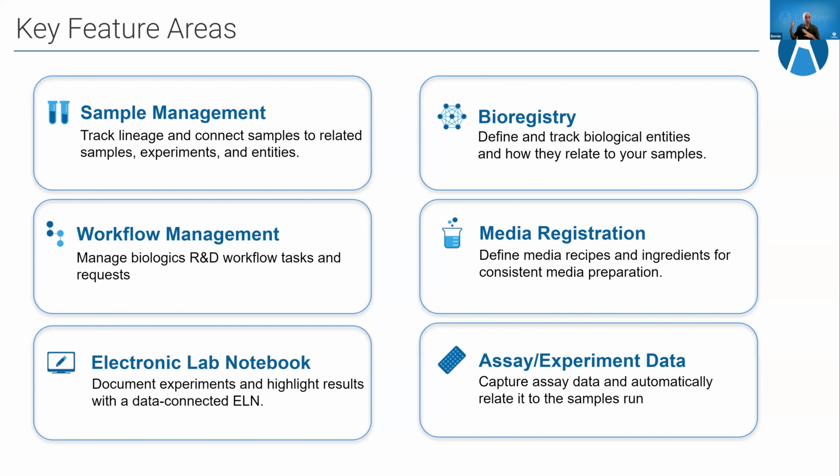Many of those come pre-built in the system, which we allow you to make some modifications to. But of course, you can add your own and build lineage relationships between these entities and your samples, enabling activities like the project planning based on existing related experimental data.